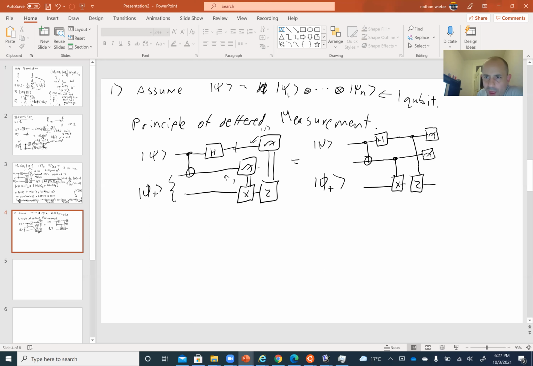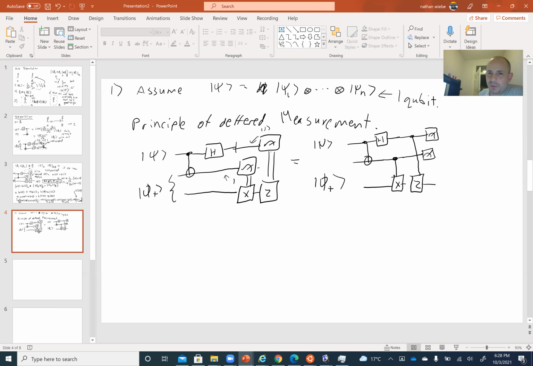Well, the reason why this is really useful as an argument technique is because it's difficult to track through all of the possibilities that we end up getting with the measurements. And by delaying the measurements until the end of the protocol, we can actually just stay 100% inside the quantum formalism without having to break everything down into a large series of cases corresponding to the exponentially many outcomes that we can get in the n qubit version.